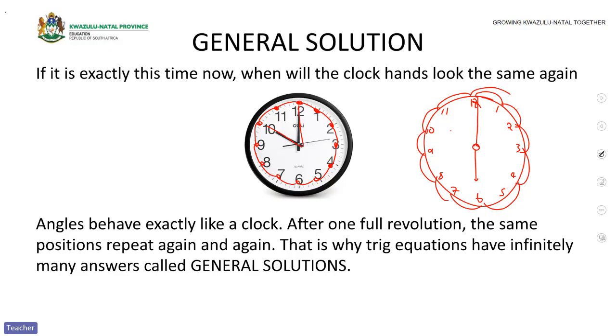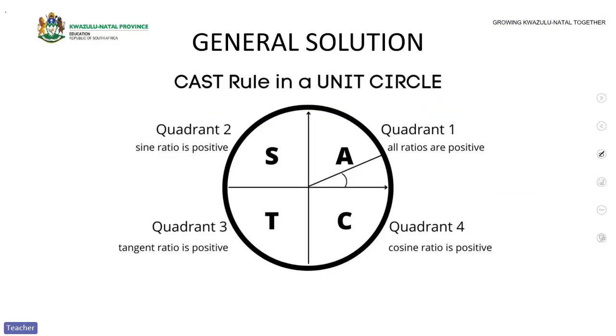Let's take, for an example, sine 30 degrees, which we know is equal to 1 over 2. In our unit circle, you know that we have 4 quadrants.